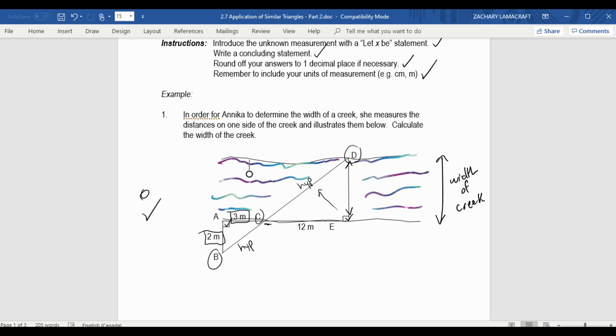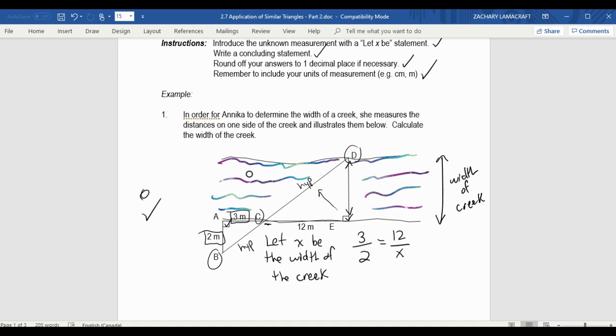So when we figure out our ratio, we're going to have to use the small triangle to figure out the big one. So in this case, I'm going to go 3 over 2, okay, is then equal to 12 over x, which is what I forgot to write, which is let x be the width of the creek.